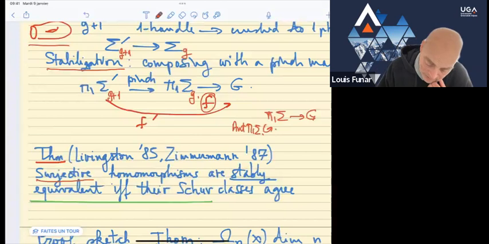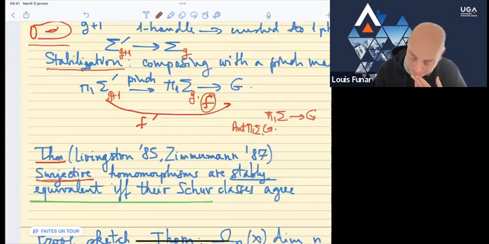So we have to work with surjective homomorphisms, and we are not looking at homomorphisms which are equivalent, but which are stably equivalent.